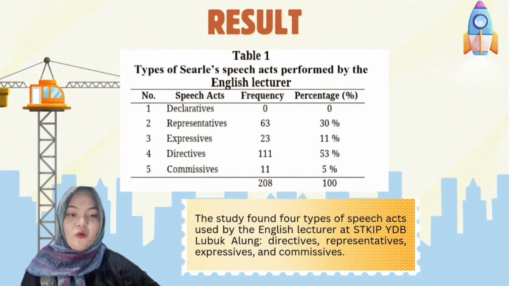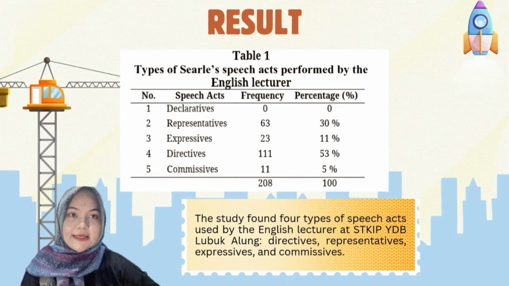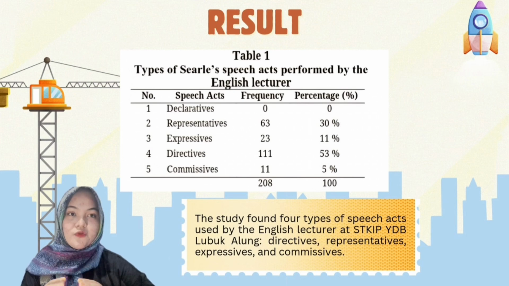Directives occur the most, 111 times or 53%. Commissive occur 11 times or 5%. And the total is 208. According to Widya, the declarative type was not found or did not appear at all in the data of this research.